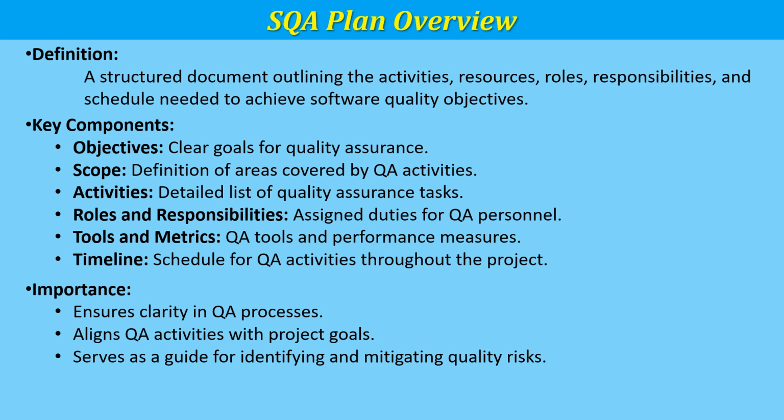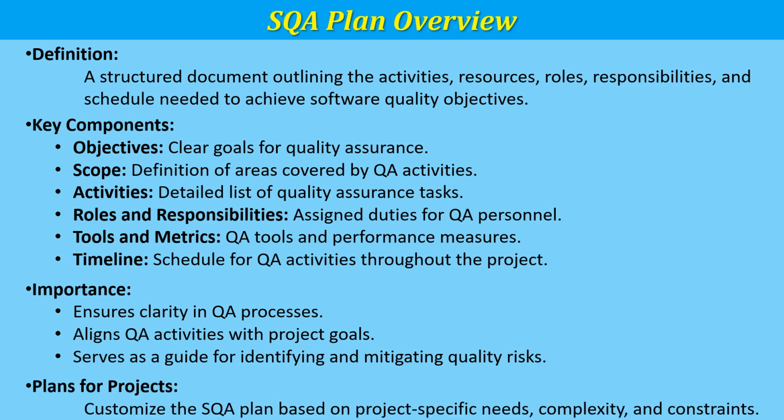A comprehensive SQA plan not only facilitates efficient project execution but also reduces the likelihood of error and enhances final product quality. Adapting the plan to the project. Adapting the SQA plan to align with the unique requirements of each project ensures that it remains relevant and effective.